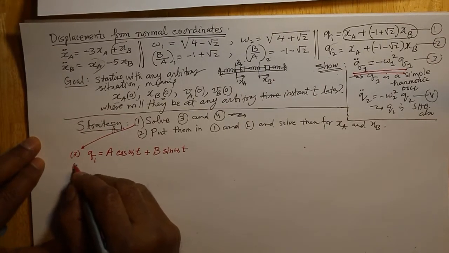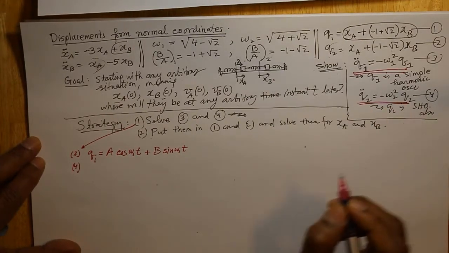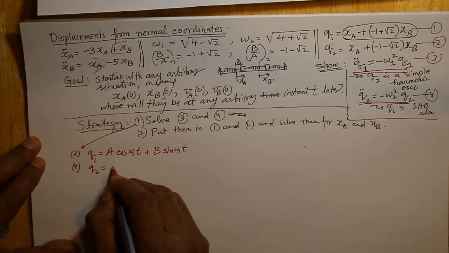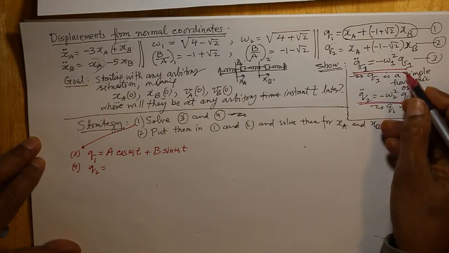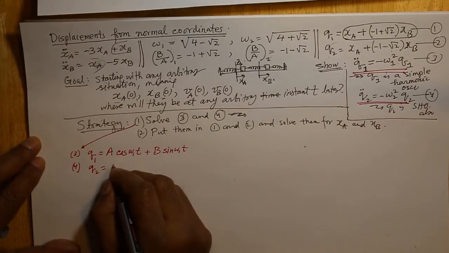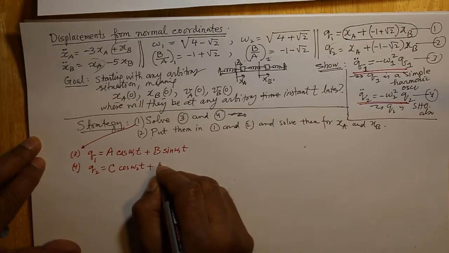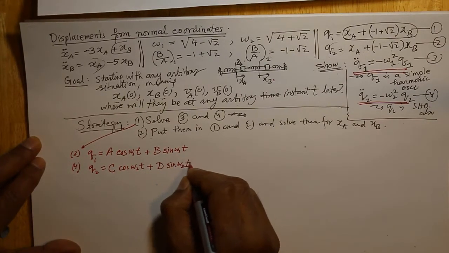What do you think equation 4 will be? Any idea? Q2 is its own world, so I don't think there are going to be A's and B's. Let's call them C cosine omega 2 t plus D sine omega 2 t.